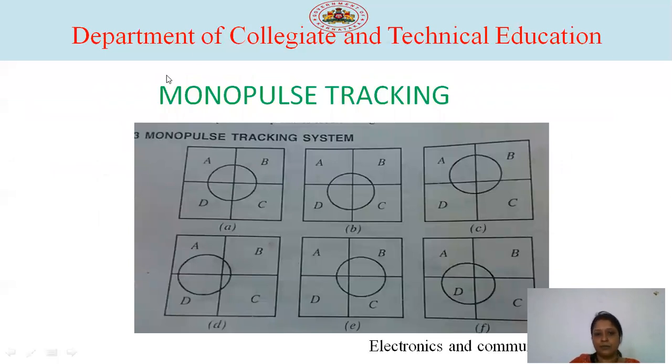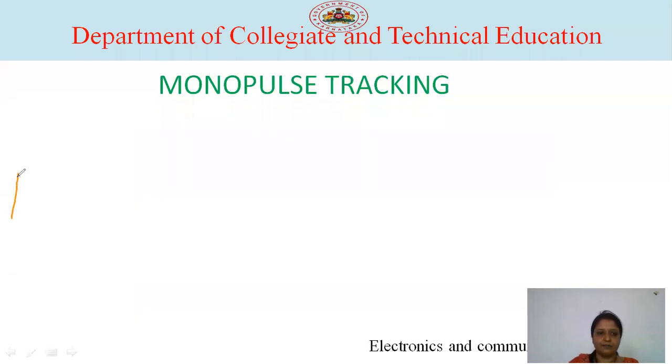Now see here, the basic principle is, suppose this is the radar station. Here they are making use of 4 antennas. For example, you just draw this section here.